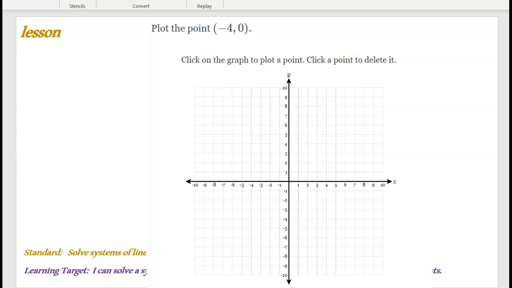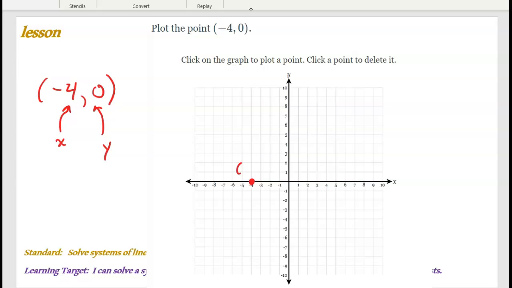Negative 4, 0. So you have negative 4 as the x value and 0 as the y value. The x value is negative, so I go to the left from the origin, and 0 means I do not go up or down. So I only go left, and I plot my point.